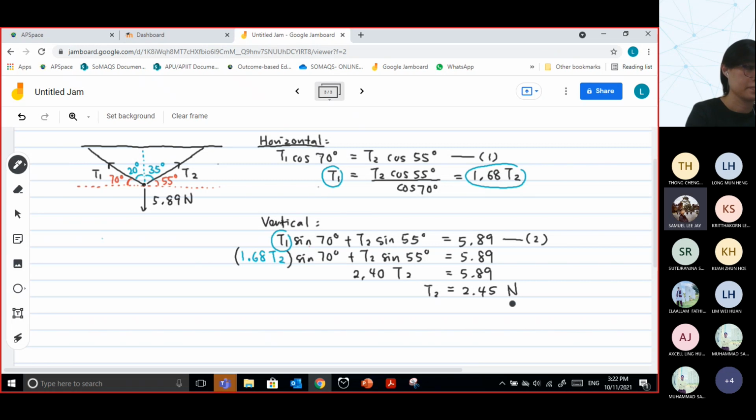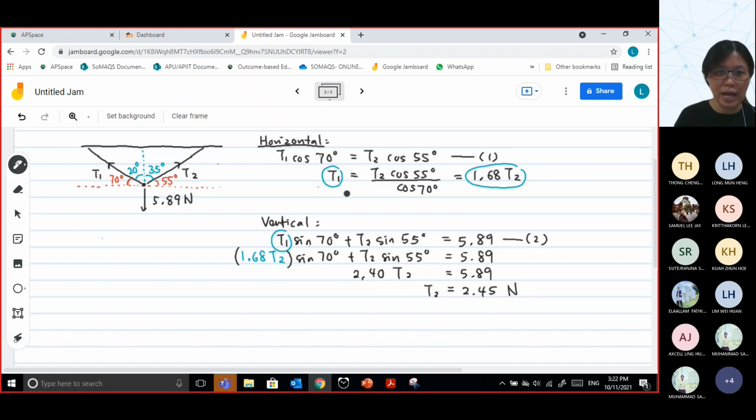Yes, Miss, I got the same answer. Yeah, I think it's just a rounding error. If I get the answer in more decimal places, I will get 2.46. Doesn't matter, you can also give 2.46. As I say, it just depends on how many decimal places you use.